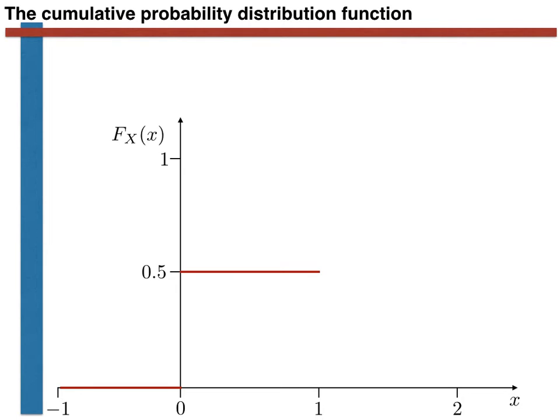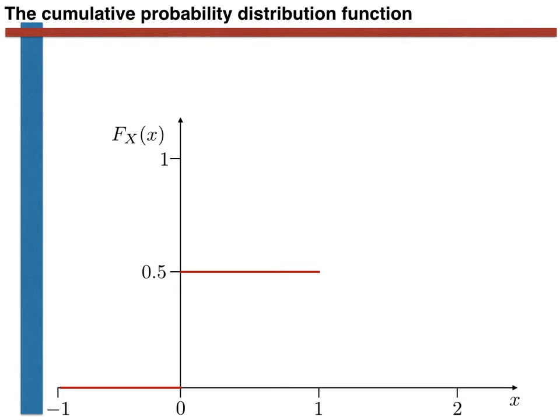For values greater than 0 and less than 1, the cumulative probability distribution function is equal to 0.5, as there are no new outcomes in the sample space omega that have X(S) values between 0 and 1. This changes when x equals 1, however, as now both heads and tails have X(S) less than or equal to 1.